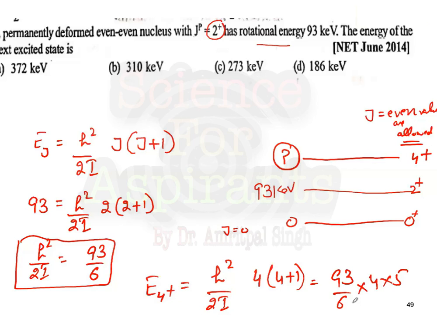You can calculate: 31 into 10, so that is equal to 310 keV. So the energy of this 4 plus, or second excited state, is of the order of 310 kilo electron volt. And this was a question from the NET June 2014 examination.